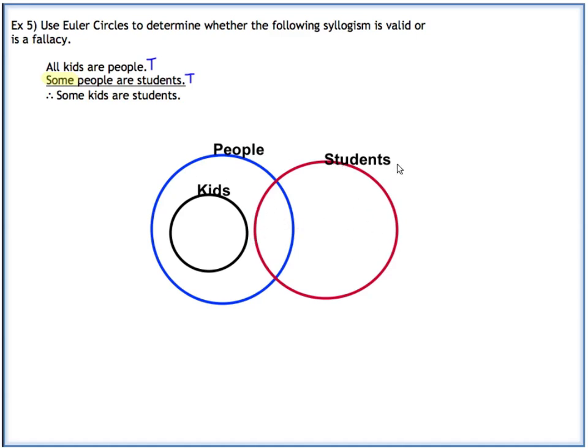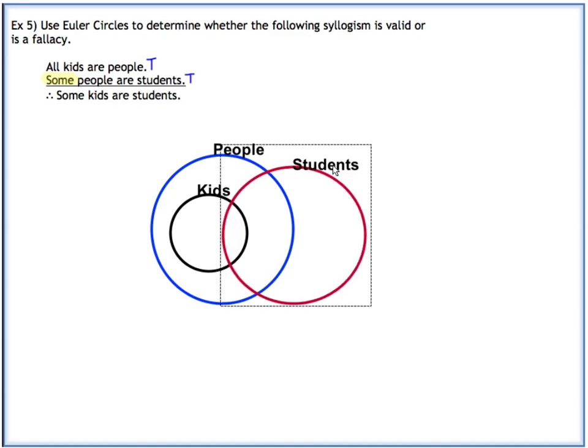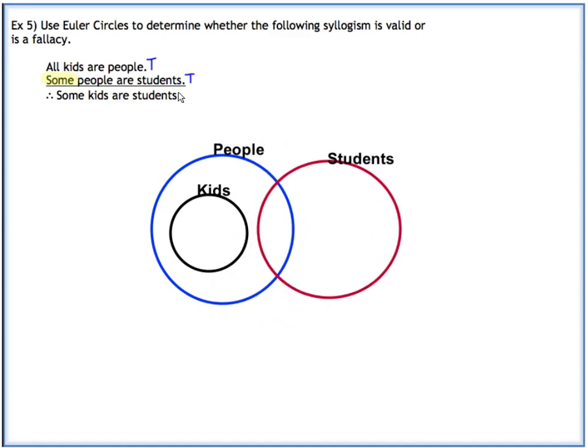So we have to make this intersection. Now this statement, however, doesn't say anything about the kids. So notice students can be here, or it could be here. And both of those positions, here as well as here, make both premises true.